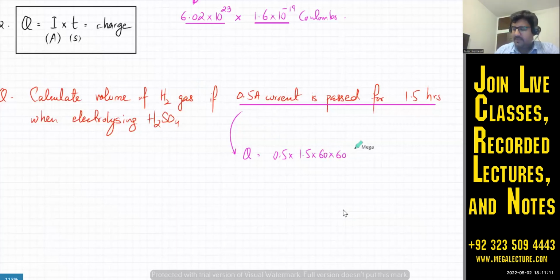So how many coulombs is this? Has anyone calculated it? What is the value in coulombs? Has anyone calculated it?